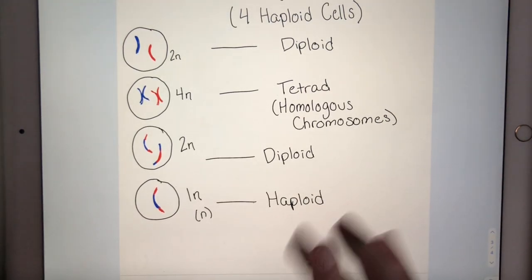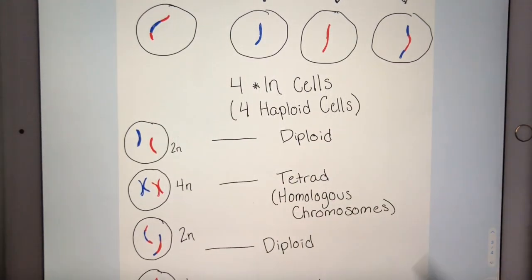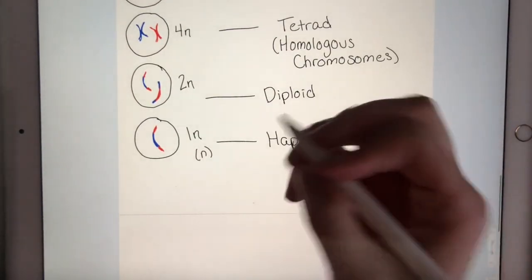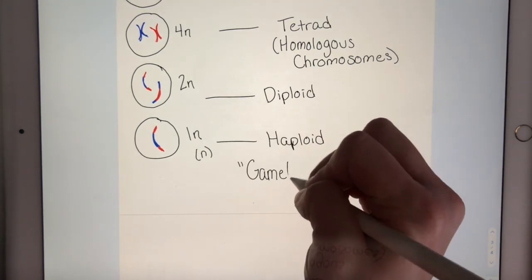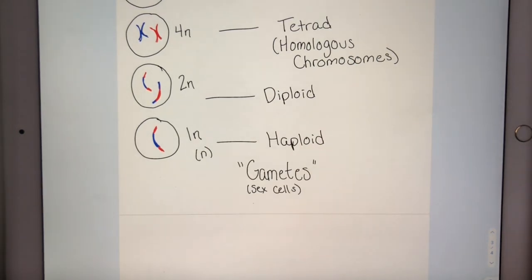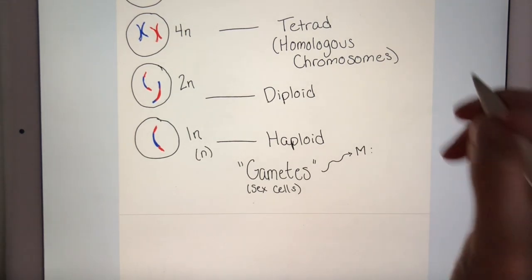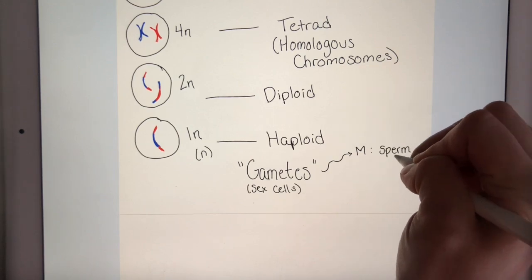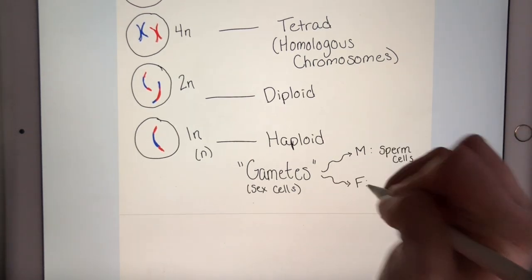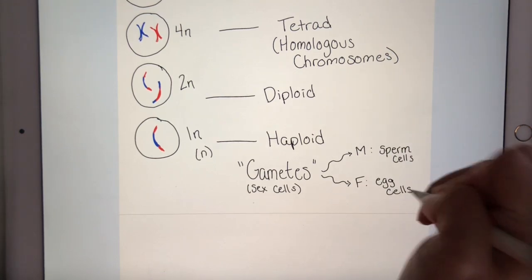Those haploid cells that we've created, all up here, we call gametes. If we're talking males, those gametes are going to be sperm cells. And if we're working with females, those gametes are going to be egg cells.